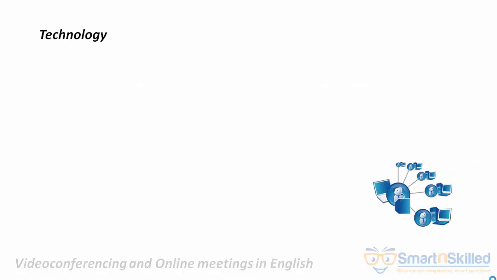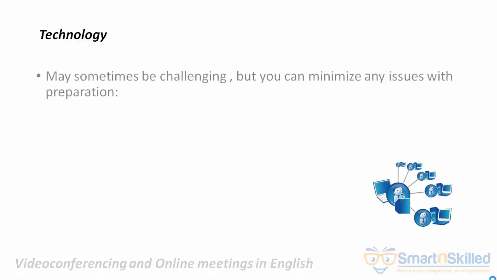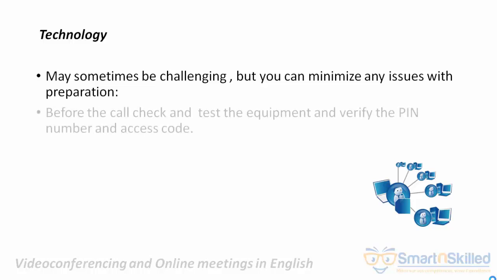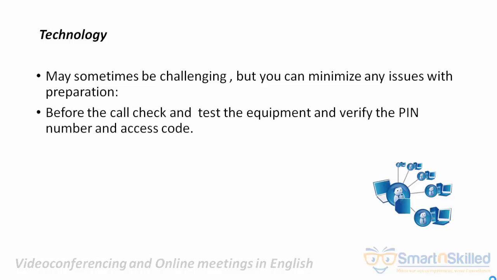Now, technology. When we talk about remote working or remote meeting, it is important that you have some basics of technology. Technology may sometimes be challenging, but you can minimize any issues with preparation. Before the call, check and test the equipment and verify the PIN number and access code.